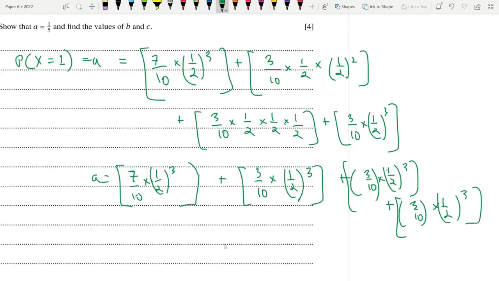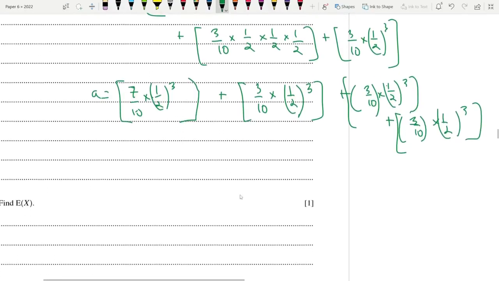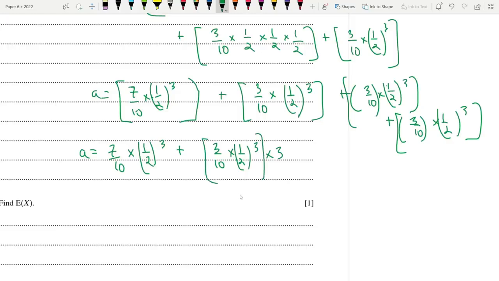Doesn't it work like that? Because the same thing is repeating. Or we could go for a is equal to 7 by 10 times half cube plus 3 by 10 into half cube times 3. Does that work? This makes sense, right?